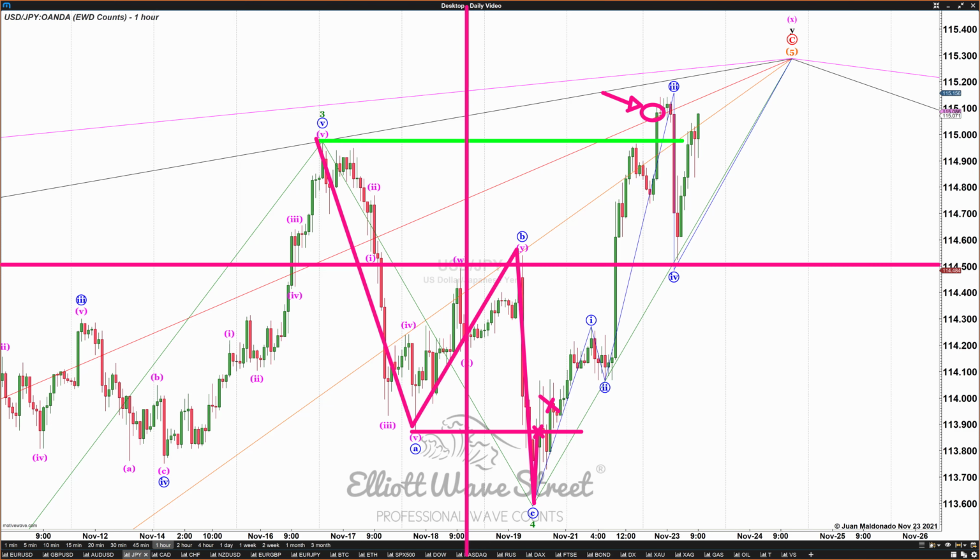All right. So the next step here is to trace a resistance line where the previous wave 3 finished. We are already seeing some institutional selling, which is good. And now we need to have the price exploring this area, right?